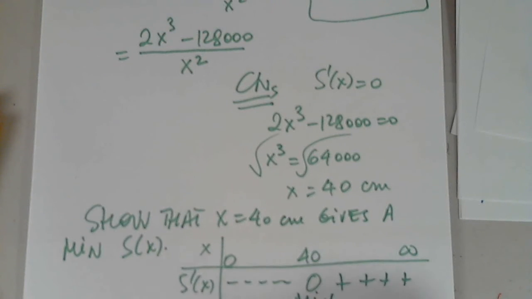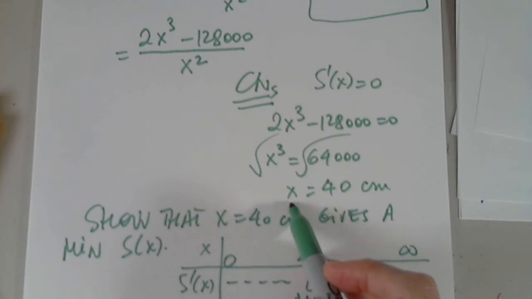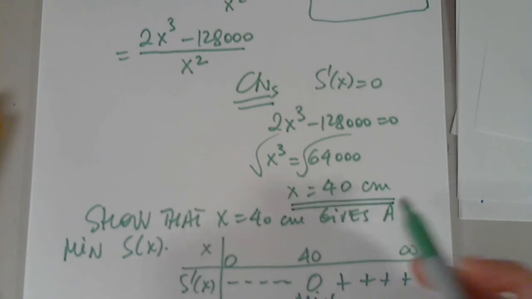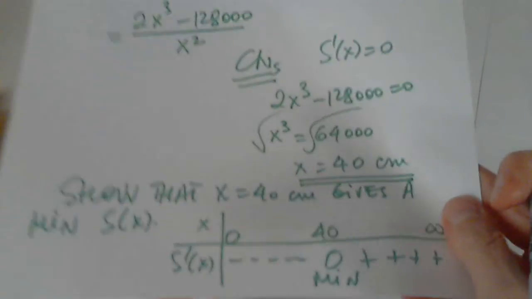Is it done? No. I'm asked to find the dimensions. I only found the side of the base. I didn't find the height yet. So that's okay. I just have to go back and replace it in h.